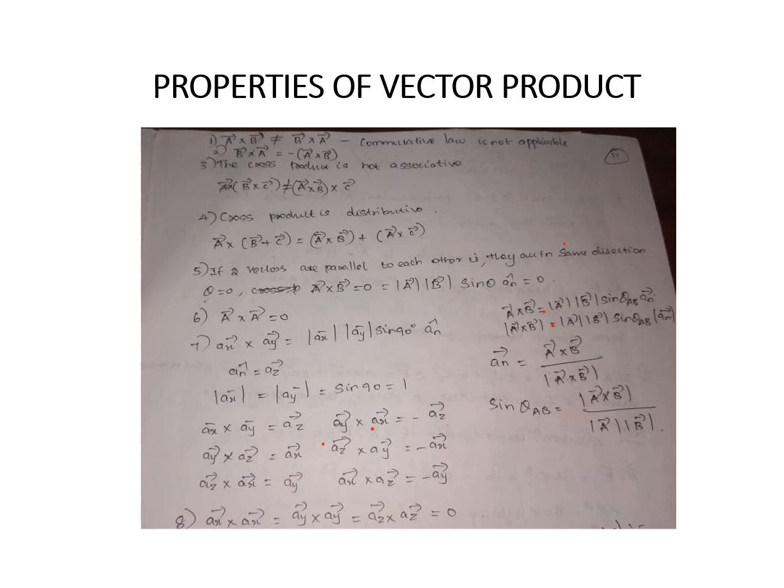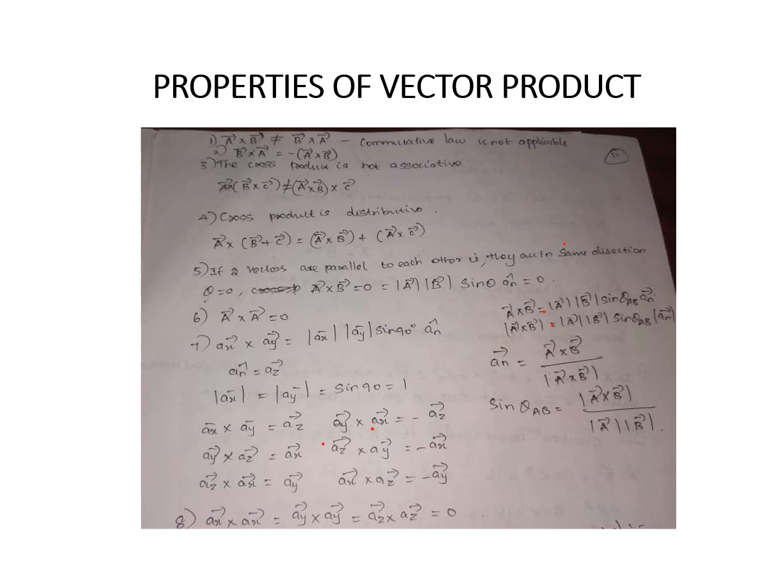Similarly, Ay cross Ax is equal to minus Az vector, and Ay cross Az is equal to Ax vector. So Az cross Ay is equal to minus Ax vector. Az cross Ax vector is equal to Ay vector. So Ax vector cross Az vector is equal to minus Ay vector.